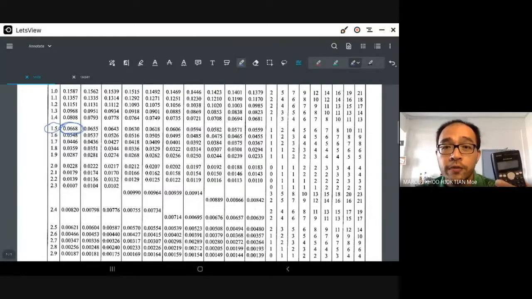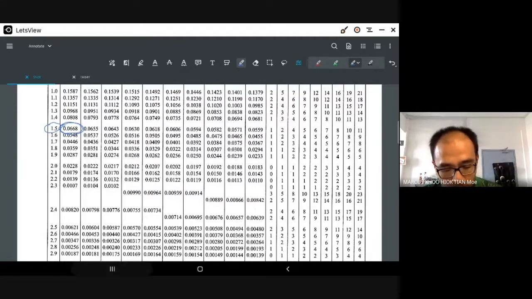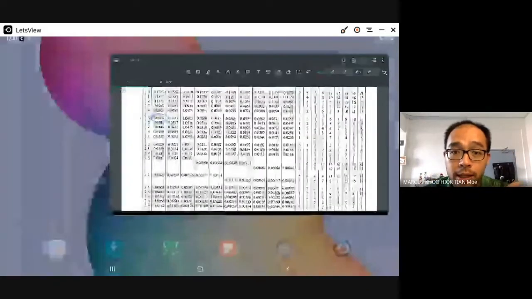So if you want to use calculator, fine, but kamu tengoklah nanti masa exam. Ini adalah ugutan. 0.0668 is the value given in a table, and that is the only answer I will accept. If you give me 0.06681, bravo, you know how to use the calculator correctly. Markah kosong, gitu saya akan bagi. So 0.0668 will be the answer.